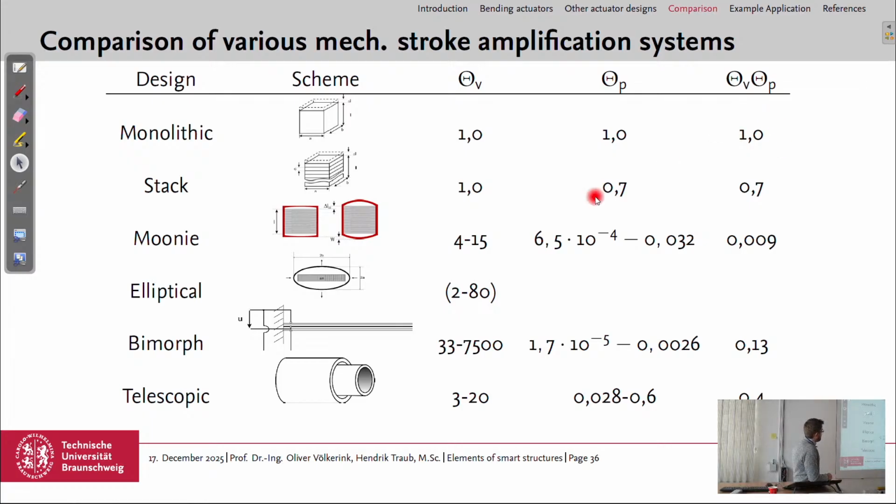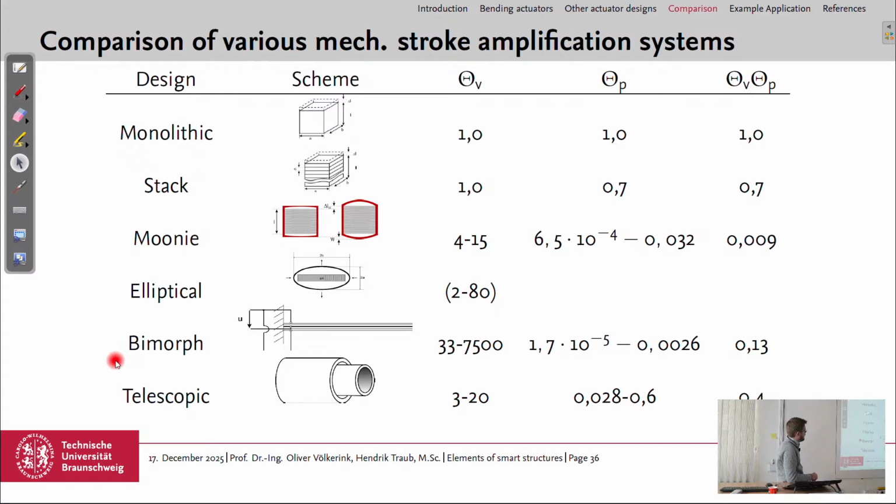And for the Moonie actuator, we have a stroke amplification of 4 to 15, but also low values for the force reduction, meaning high force reduction, because this theta p would be multiplied with the blocking force, and therefore low values here give low blocking forces for the system, and therefore we have quite low quality criteria.